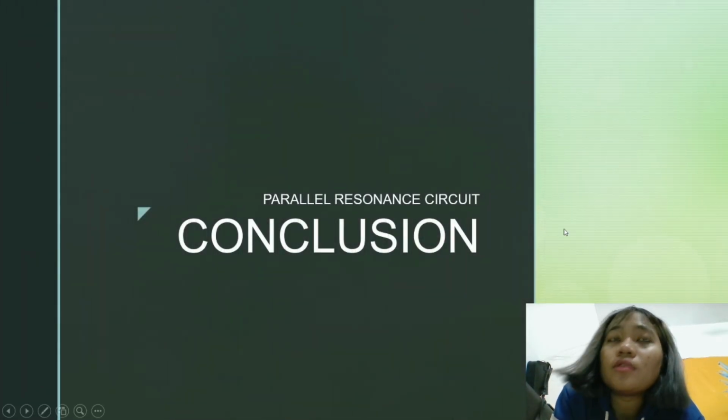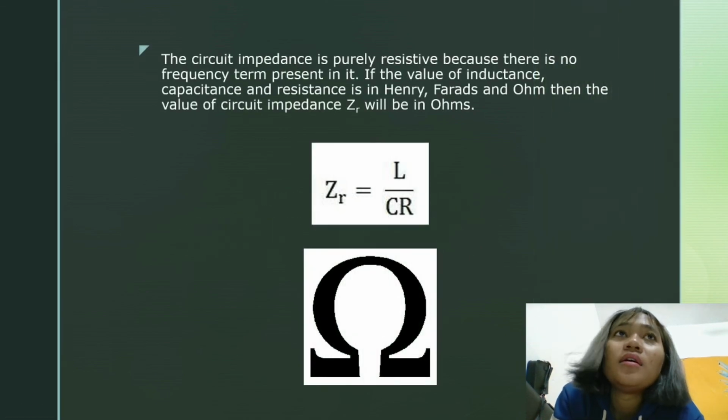So guys, the conclusion of the parallel resonance circuit is the circuit impedance is purely resistive because there is no frequency term present in it. If the values of inductance, capacitance and resistance are in henry, farads and ohm, then the value of circuit impedance will be in ohms.